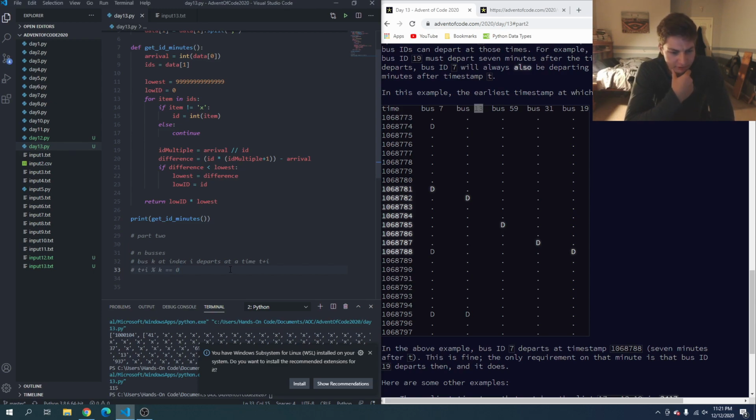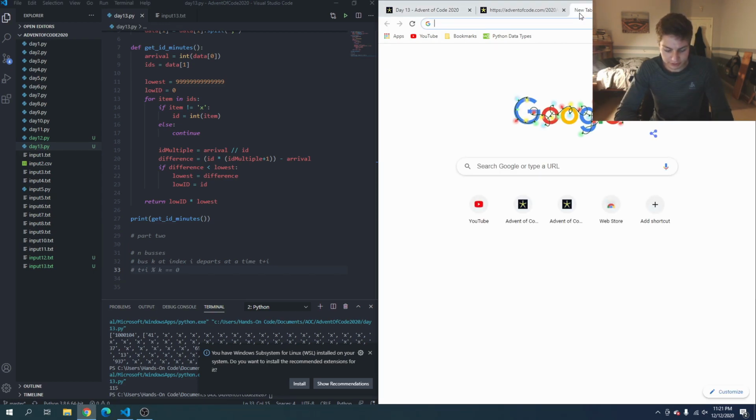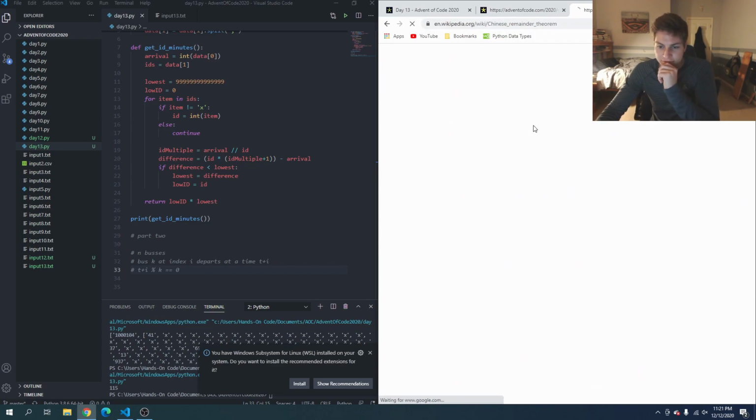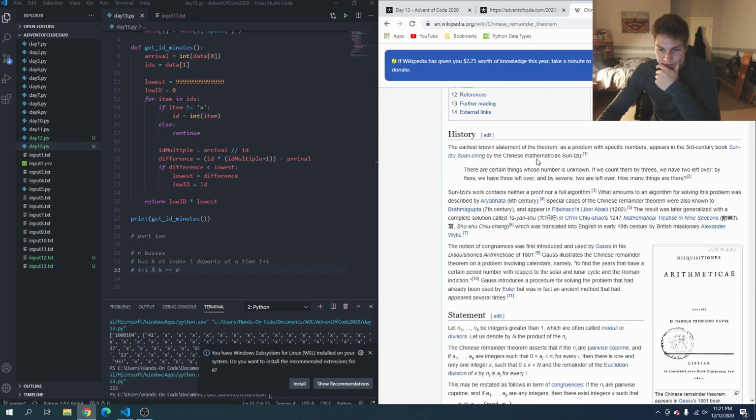Now, I believe that there is something called the Chinese Remainder Theorem. If we look it up here, the Chinese Remainder Theorem, which I learned about in computer science, allows you to solve a set of problems, I believe.